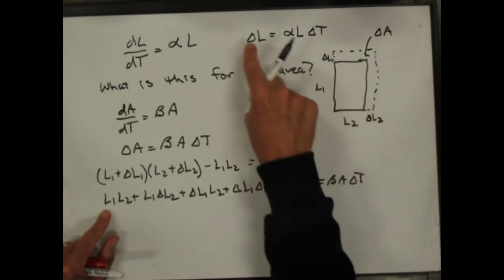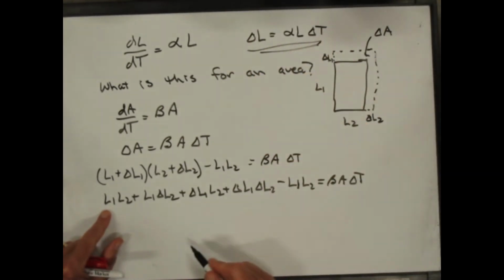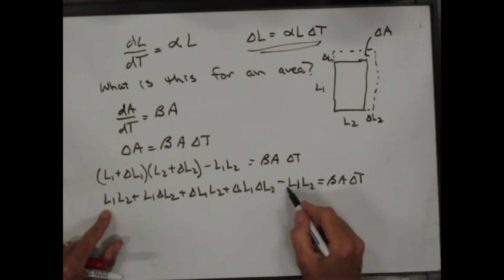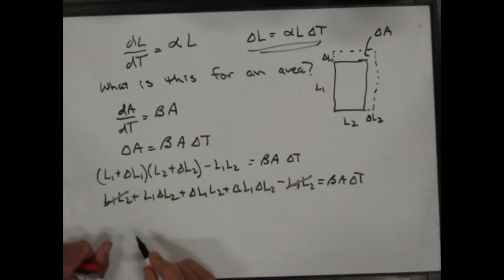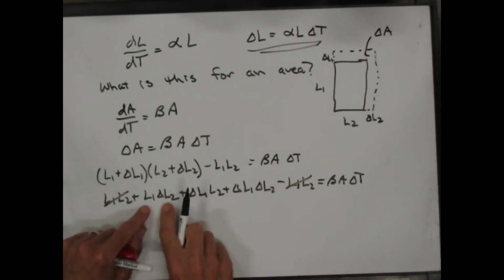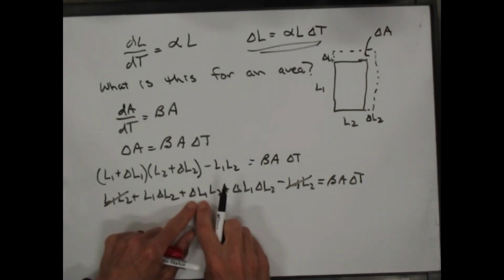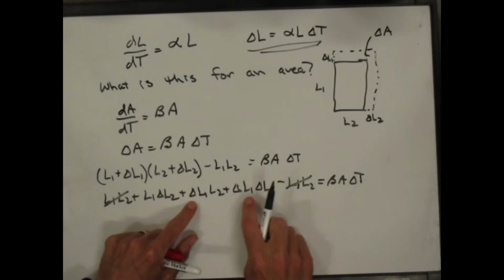And we know that the lengths expand according to this equation. So I've got a whole bunch of algebra here, but right away I can say, look, that term cancels with that term. And now we have L1 delta L2 plus delta L1 times L2 plus delta L1 delta L2.